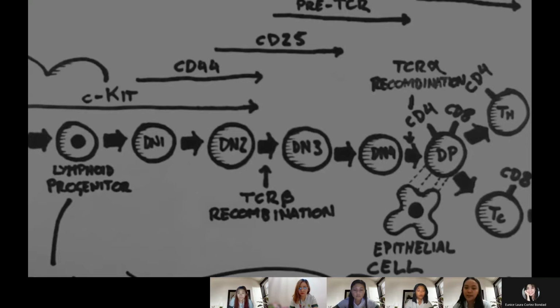And then later on, itong pre-TCR na to, magiging TCR siya. And this TCR receptor, inaalaw na niya those T cells to identify which cells yung naapektuhan na nung foreign pathogens.